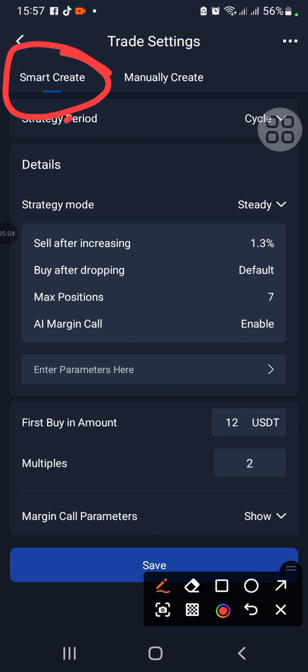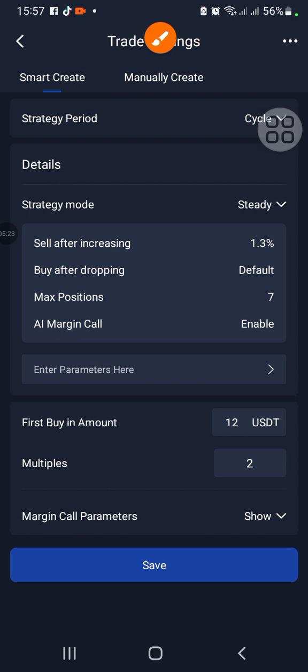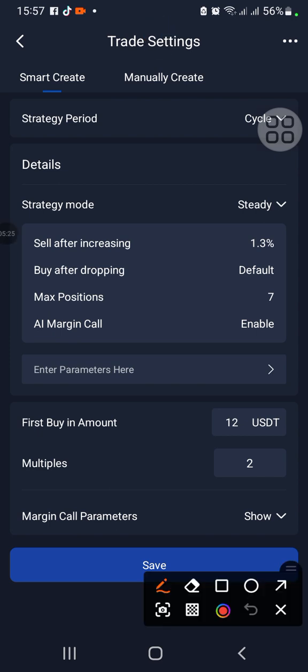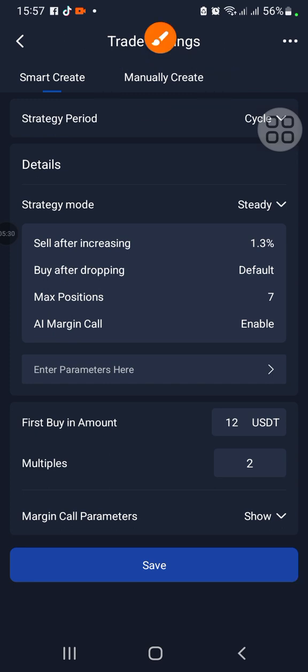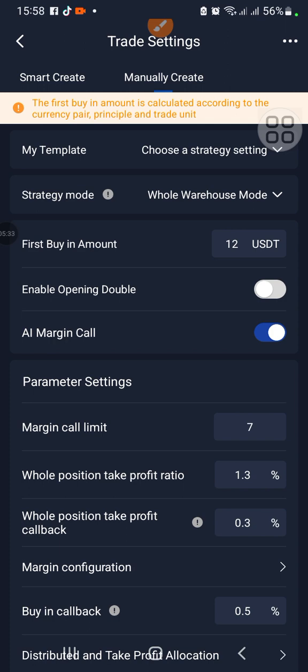Okay, but the fact that we don't have good capital, what we need to do, we are going to tap on manually create because we want to set up our own strategy nga tuplaningira akasente kafe akatono ketulina so that it can fit within our budget. So what I'm going to do, I'm not going to leave it in Smart Create. I'm going to tap on manually create. So meaning every time you get here, always tap on manually create.